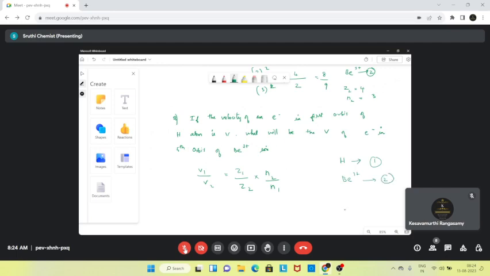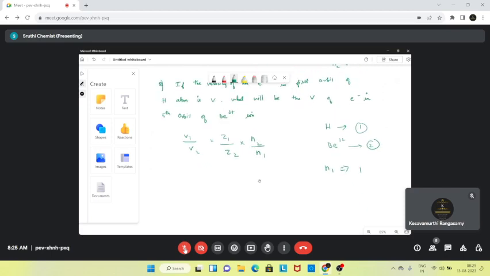What's the n1 value for hydrogen? 1, ma'am. Yes, very good. What is the z value for hydrogen? 1, ma'am. Yes, z value is again 1. Very good. So what is the z2 value for beryllium? 4, ma'am. Yeah, very good.